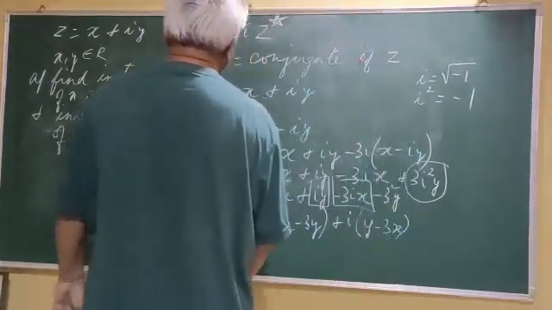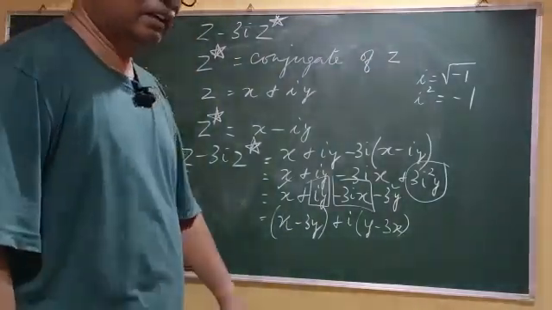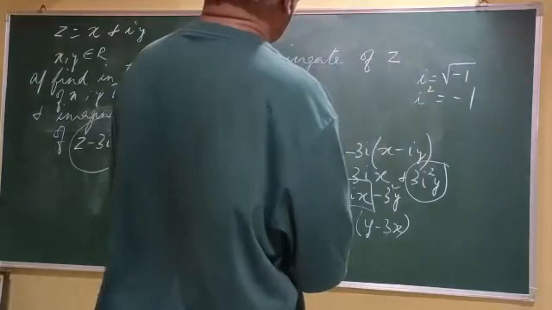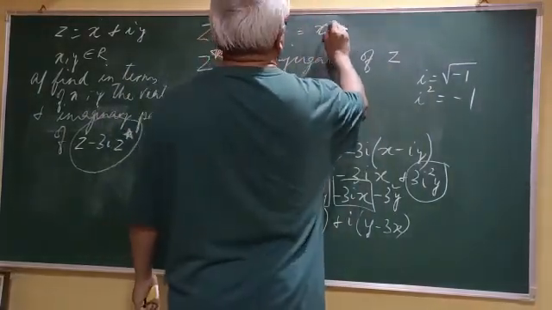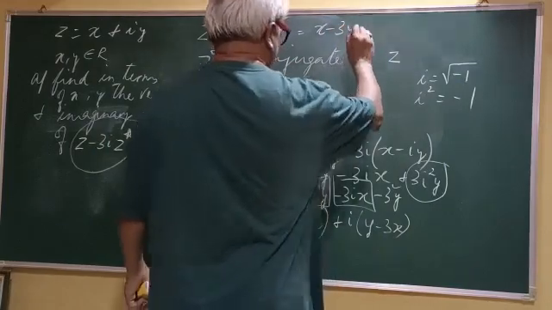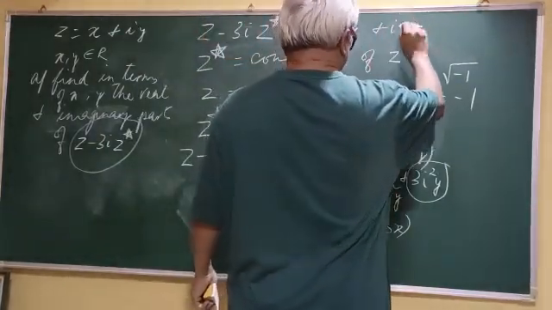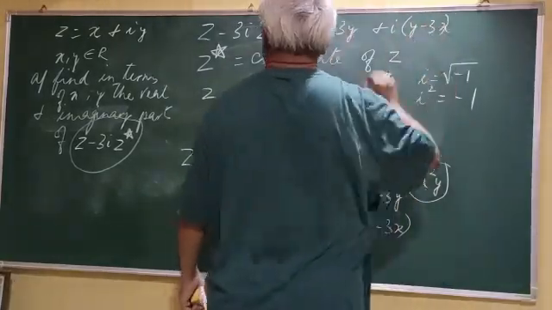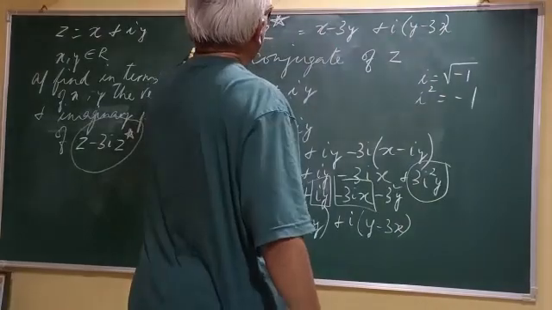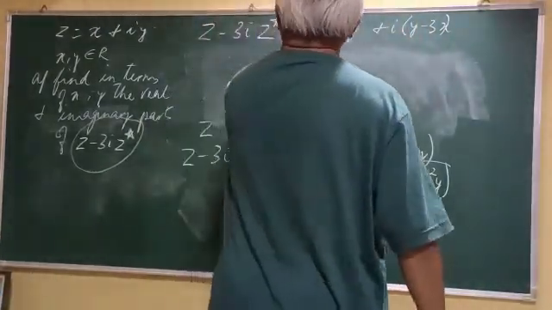So this is my z minus 3i z star. Correct? So z minus 3i z star is x minus 3y plus i into y minus 3x.